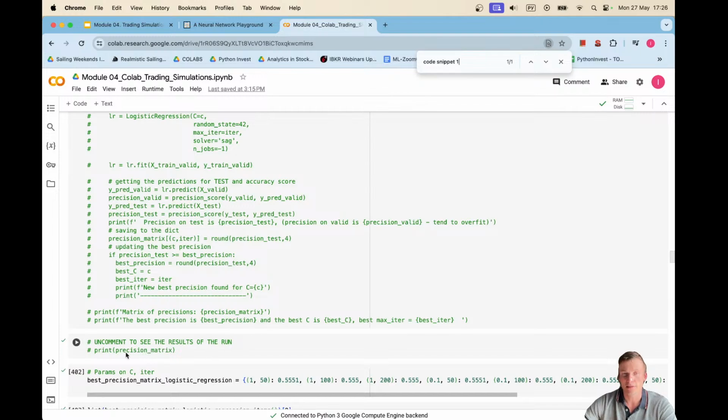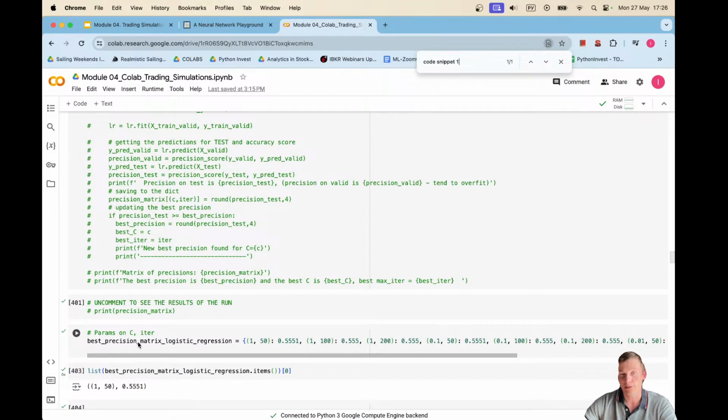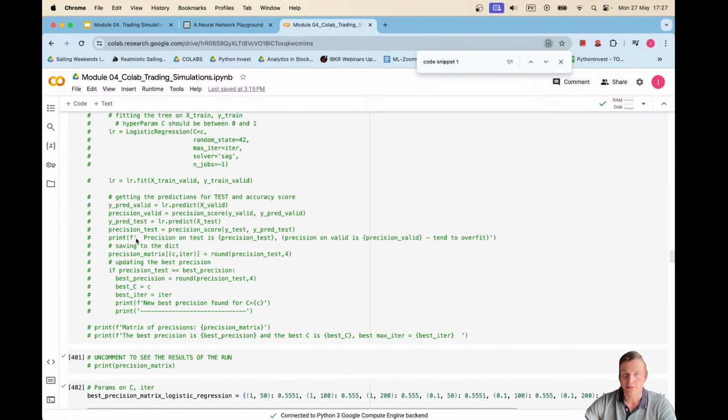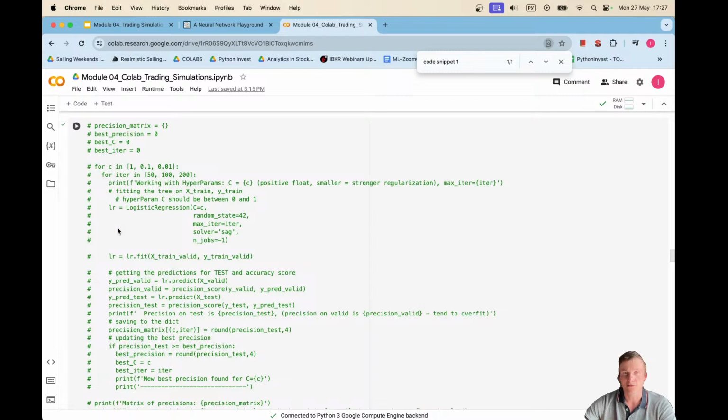I generated the precision matrix and recorded it. So for every combination of C and number of iterations, here C equals 1 and maximum iterations equals 50, my precision score was 0.5551, and that was the result of hyperparameters tuning. But feel free to uncomment and run it.